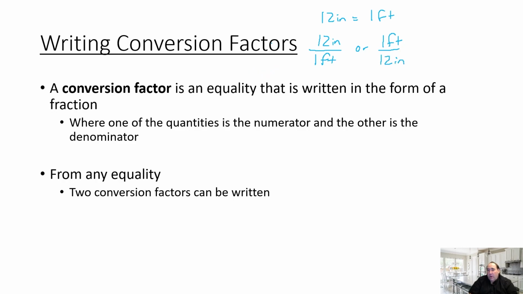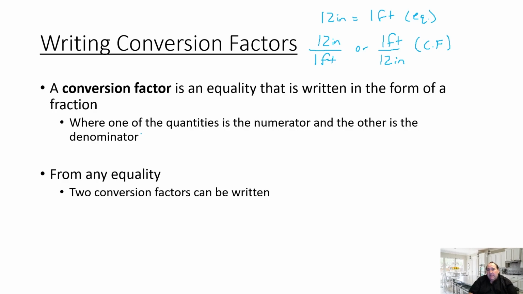So these are equalities here. That's the equality. And these are the conversion factors that we could get from that one equality. How do we use conversion factors? Well, we really use them in the sense of doing problem solving. And it's through a way that we do it, which is, as we'll talk about in a few slides, and we'll talk a little bit about it now, what is known as dimensional analysis.